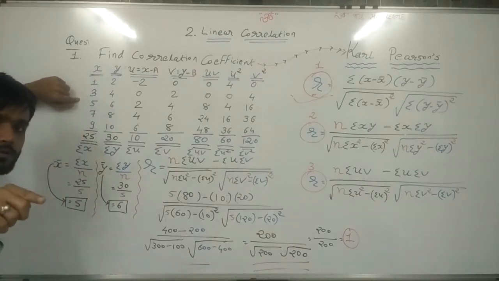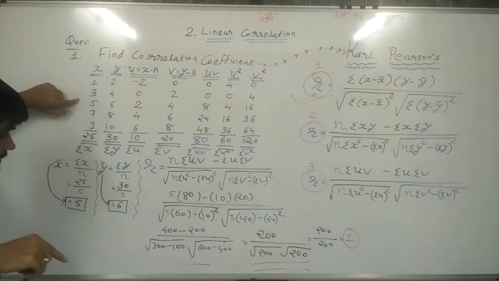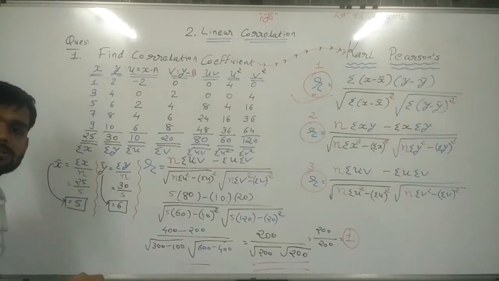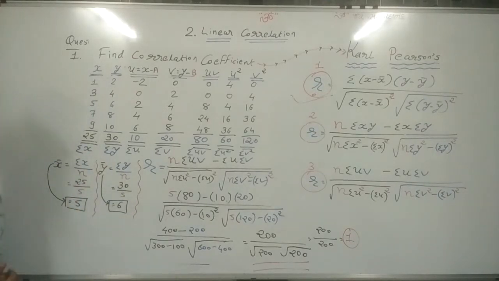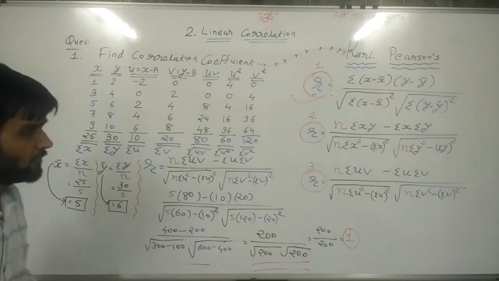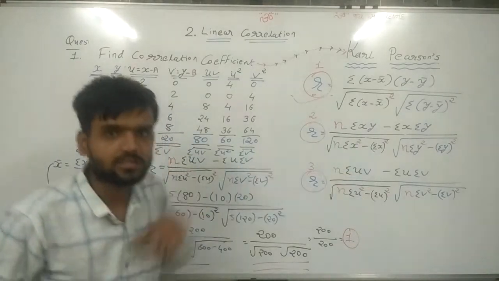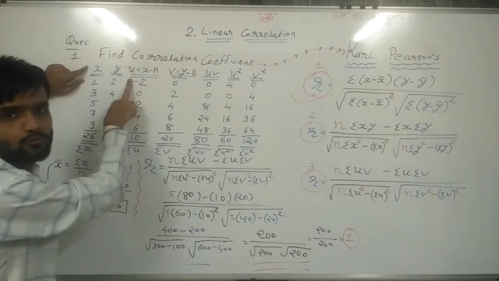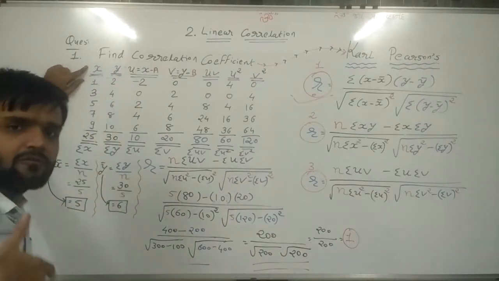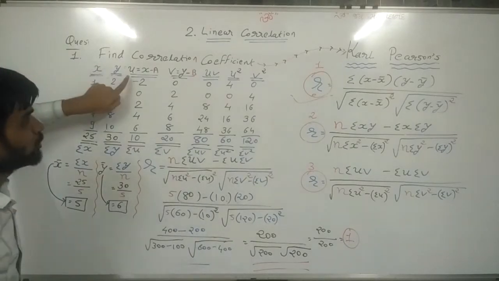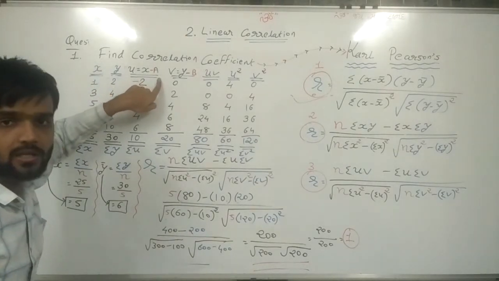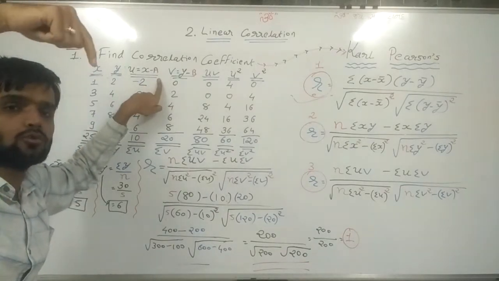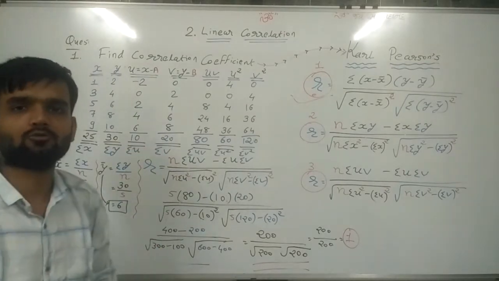At that time we were finding x minus mean, since x bar is the mean. But whenever we are finding u and v, we use x to find the value of u. So u is equal to x minus a, not x minus x bar. X bar means the mean value, but here a means an assumed value.